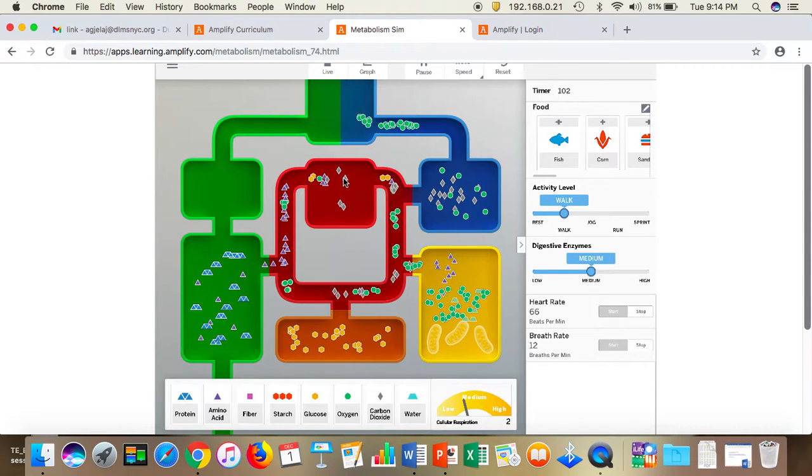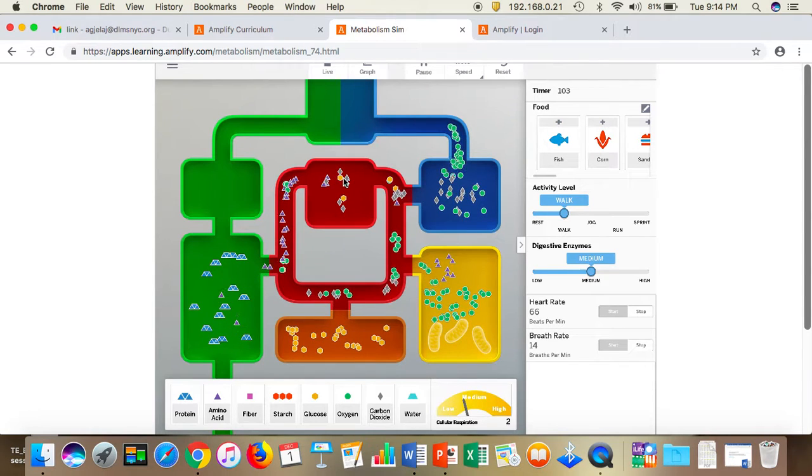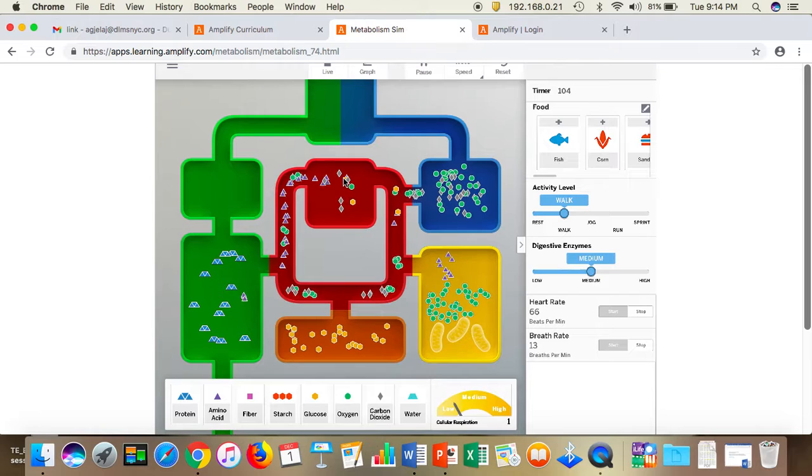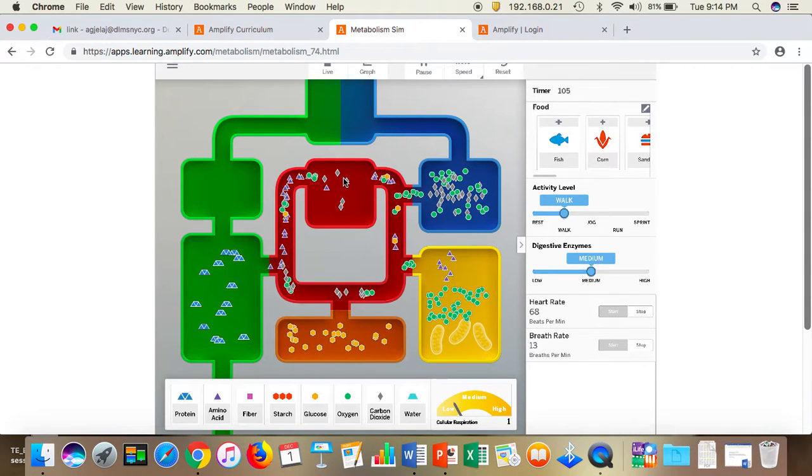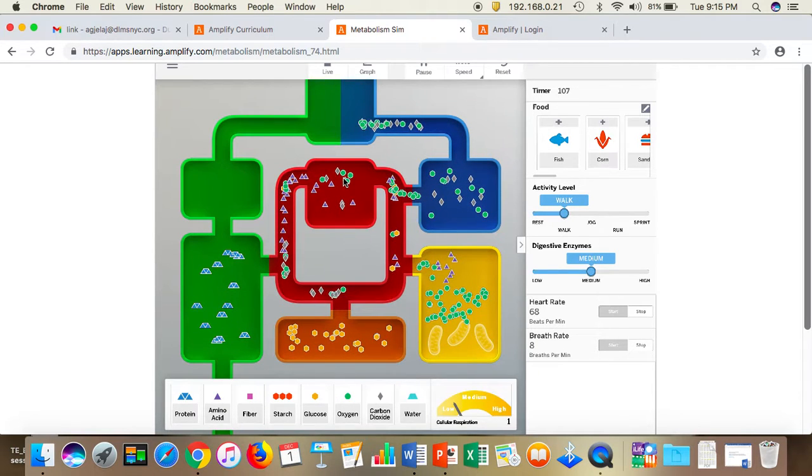For part 2, you are going to answer the question, what happens to the food and air that enter this healthy simulation body? And for part 3, you are going to answer the question, which molecules are entering the cell? Okay, guys? Let us know if you need any help.